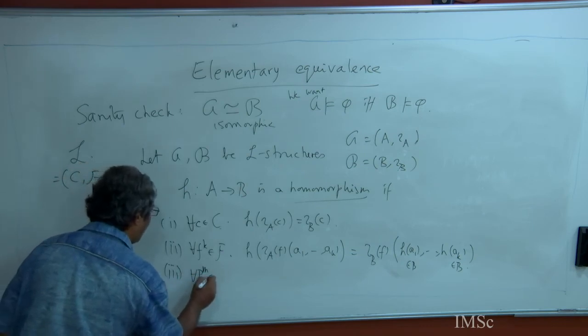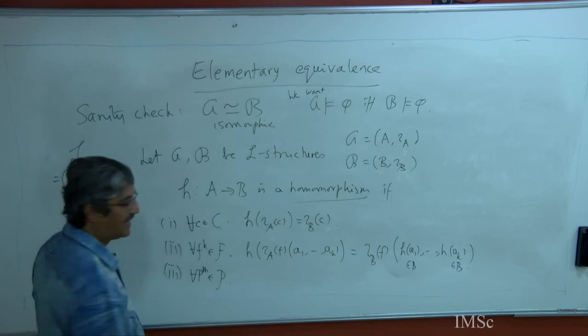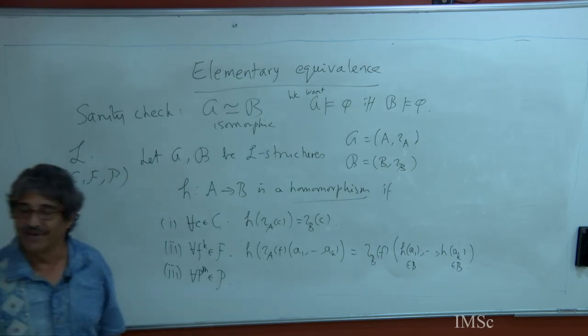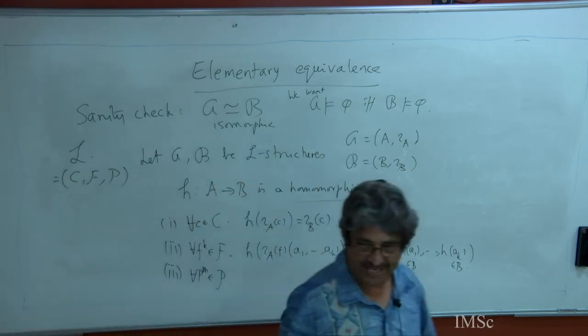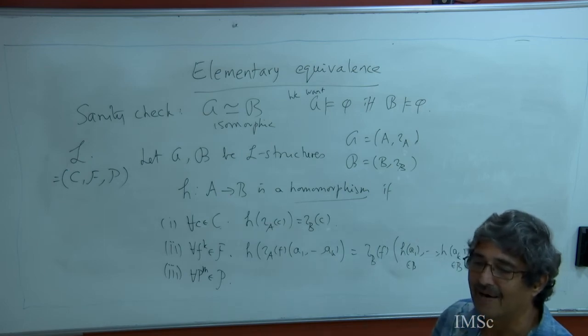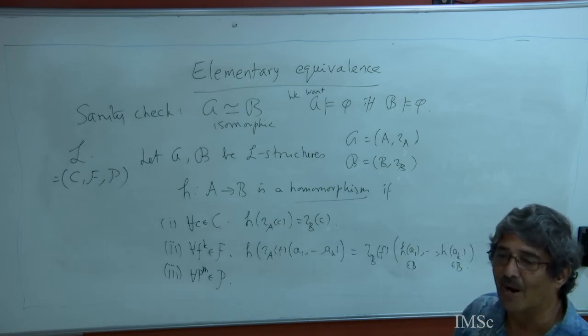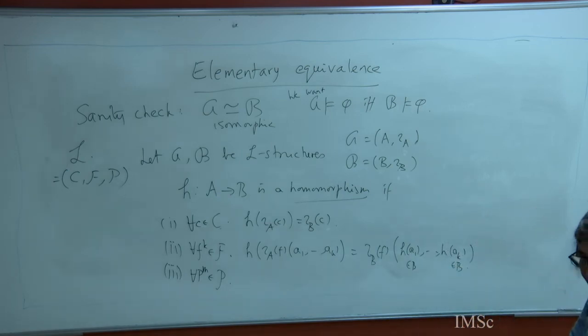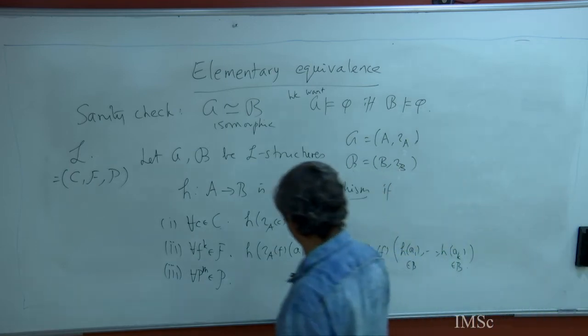So, now if you take an m-ary predicate symbol, what is going to happen? Your predicate symbols map m-tuples to 0 or 1, right? And you want to make sure that that happens there as well.